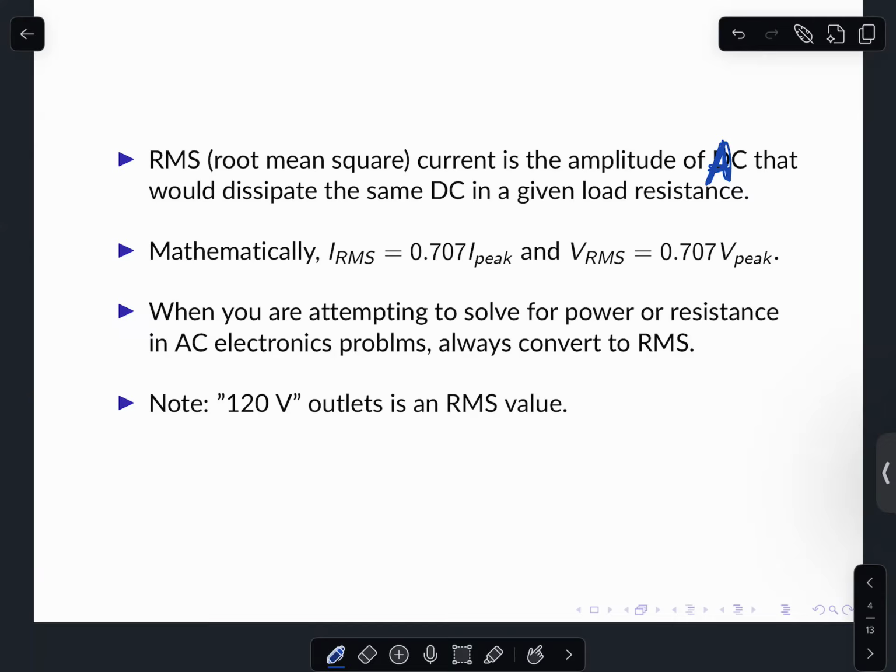In other words, if you plug in your toaster and supply it with 120 volts AC, that's an RMS. You would plug it into a 120 volt battery. If you did that, it would generate the same effect, the same amount of heat.